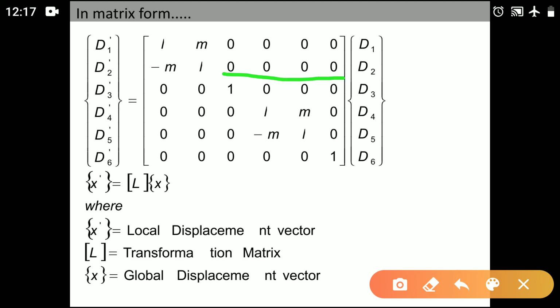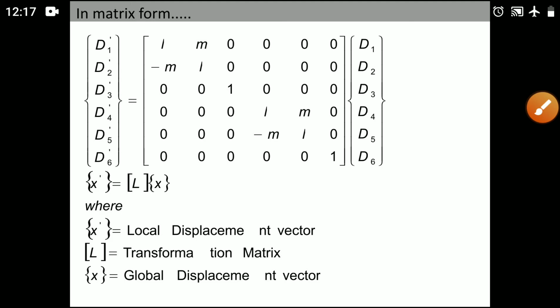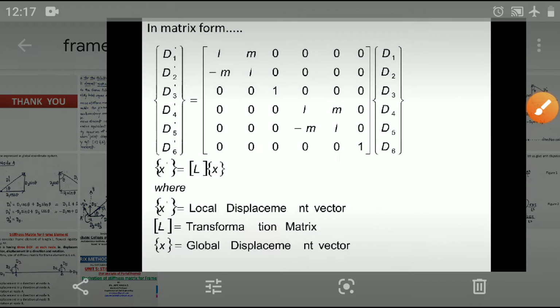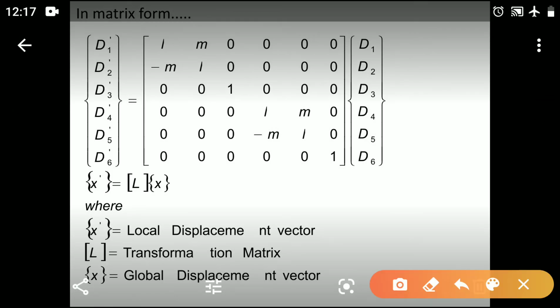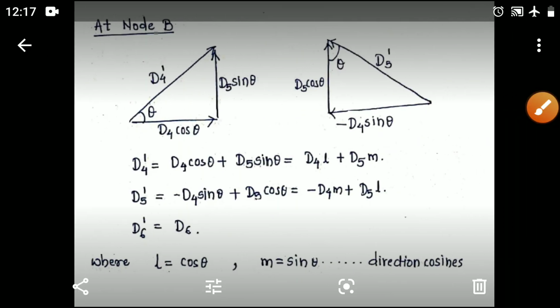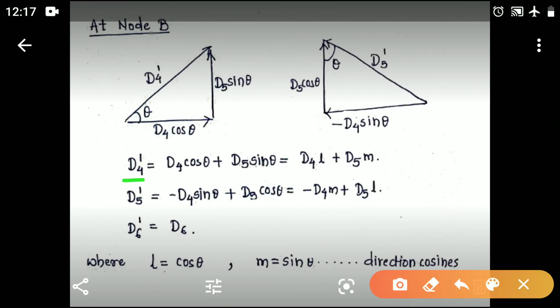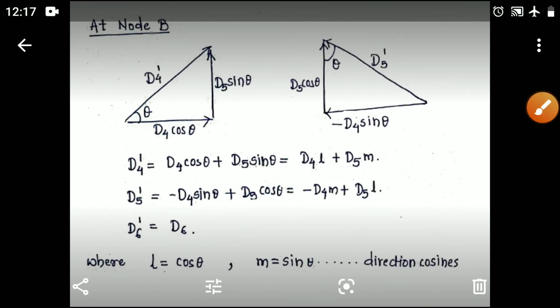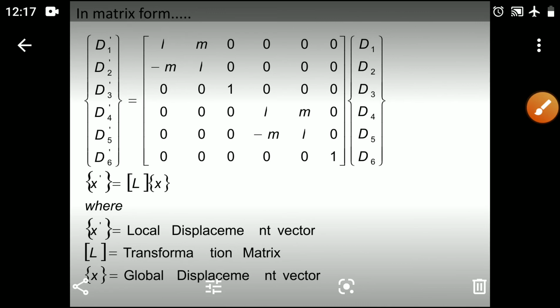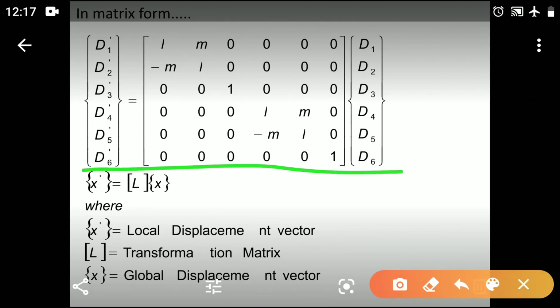And so on for d3 dash, d4 dash, d5 dash, d6 dash. So work out all these remaining elements from these equations. Up to this we have seen the equations at node B, and the remaining equations. Work out all these elements and then you will get this type of form.